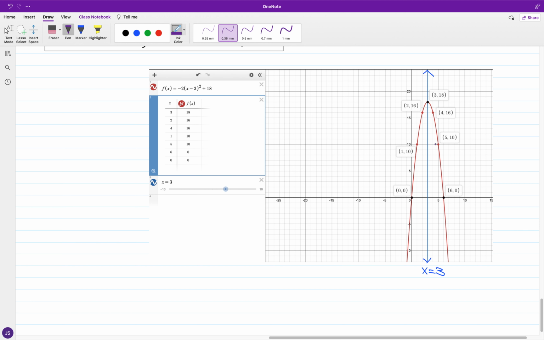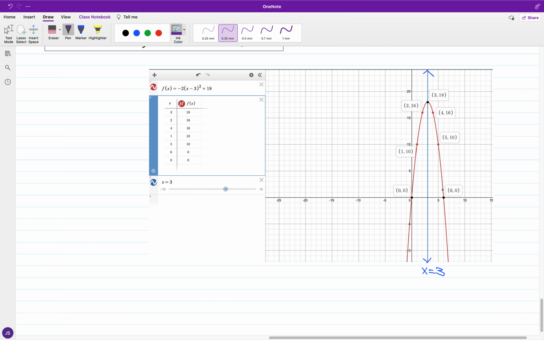Two places to the left and two places to the right, same y value, I have (1, 10) as well as (5, 10). Then descending to the level of the x-axis, 3 places to the left and 3 places to the right, we have the origin as well as (6, 0). So with this approach, I got 7 points in this case.